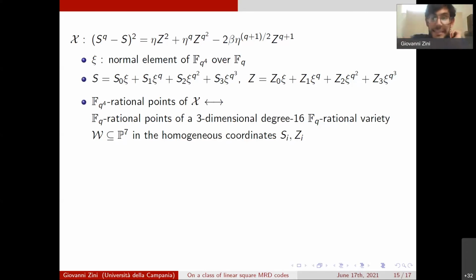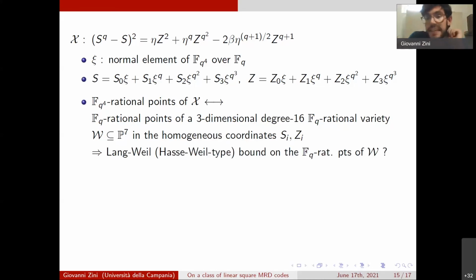So this variety is embedded in a 7-dimensional projective space. It is Fq rational, and it is 3-dimensional and of degree 16. So one may guess to prove, for instance, absolute irreducibility of W and apply Lang-Weil.